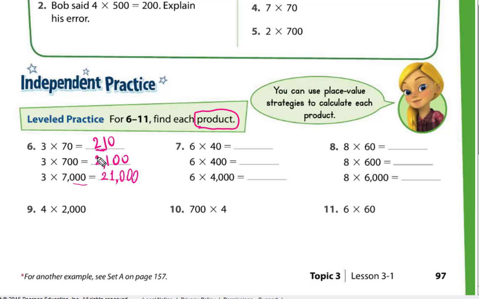Welcome. Ali Zakaria. Yes. Okay, Ali, the next one, 6 times 40.